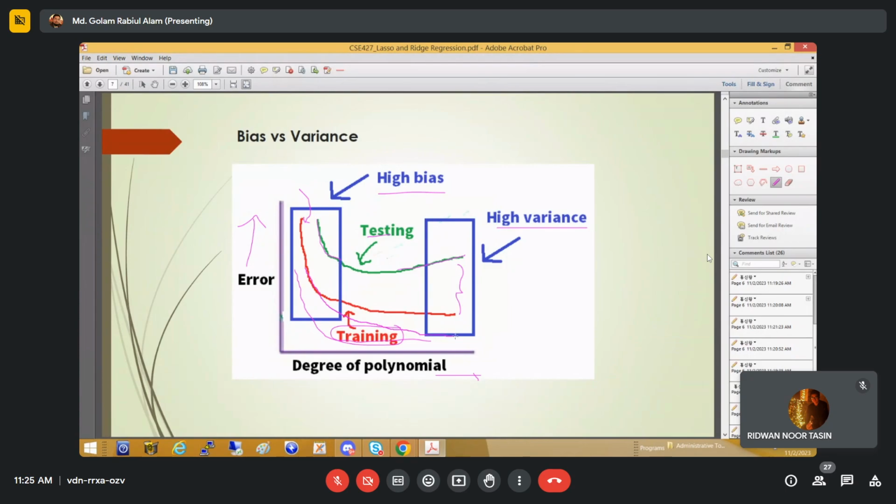Okay? So here we can see that the variance is low and the bias is also low. That means we have low training errors, and the variance between the testing and training errors is also very low. So usually these are the ideal models. Okay, we want these kinds of models with low bias and low variance.